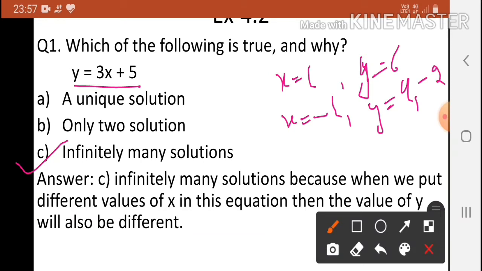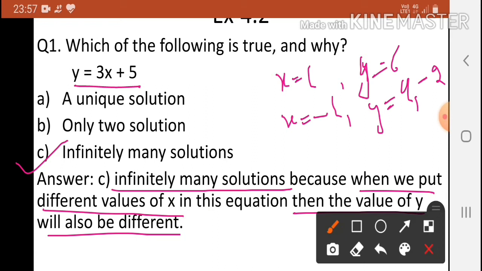So when you change the values of x, the values of y also change. So there are infinitely many solutions, because when we put different values of x in this equation, the value of y will also be different. This should be the language for answering these questions in your papers also.